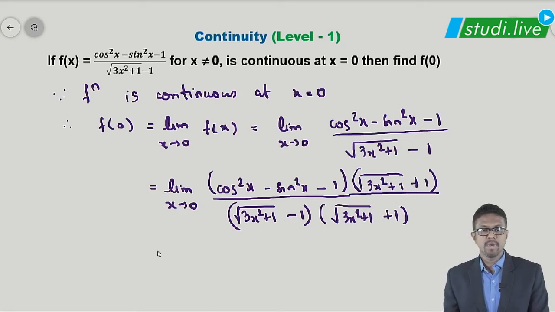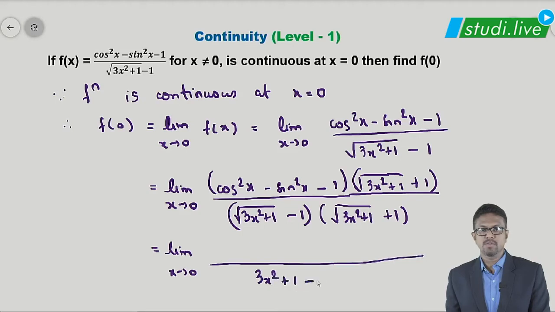This is now a minus b into a plus b, which gives a square minus b square. So this is 3x square plus 1 minus 1. For the square, the root gets cancelled, but minus 1 square will obviously be minus 1.